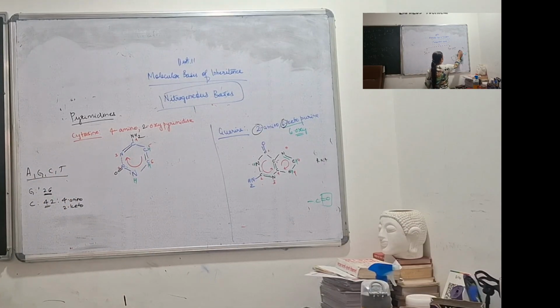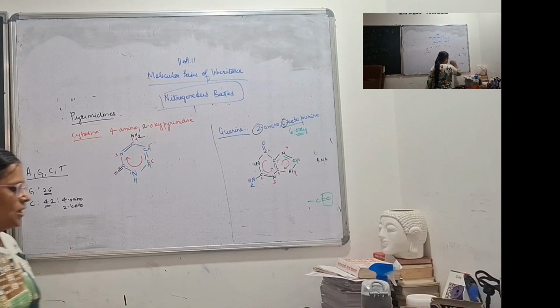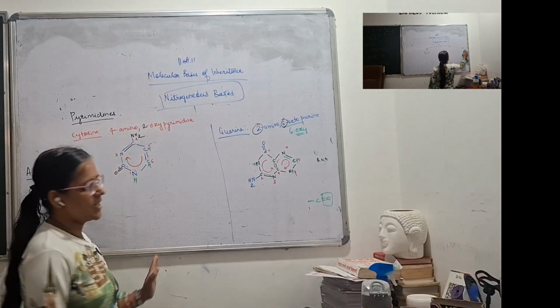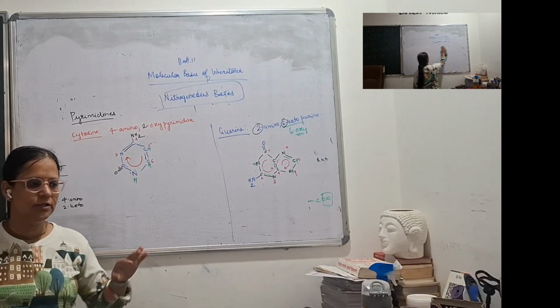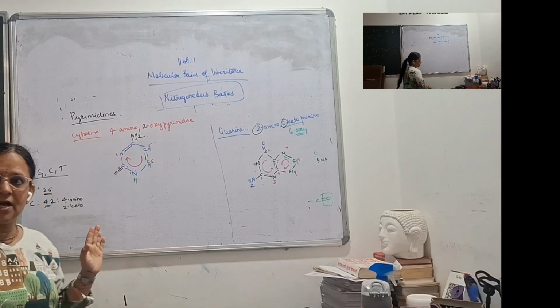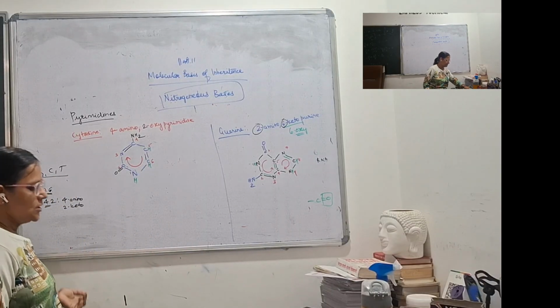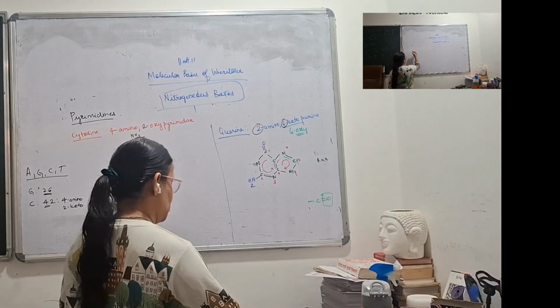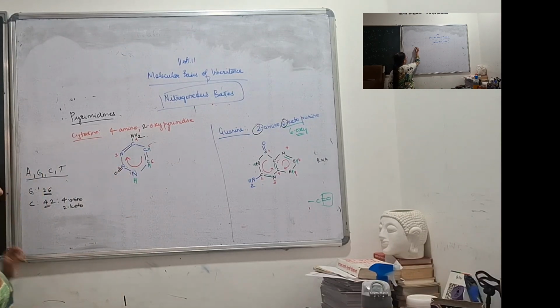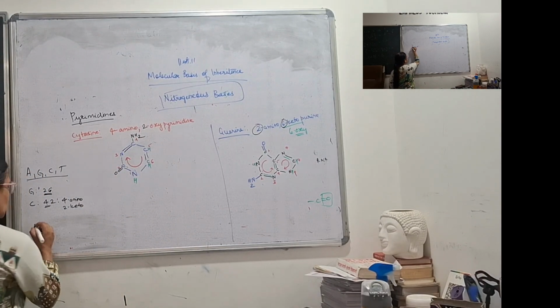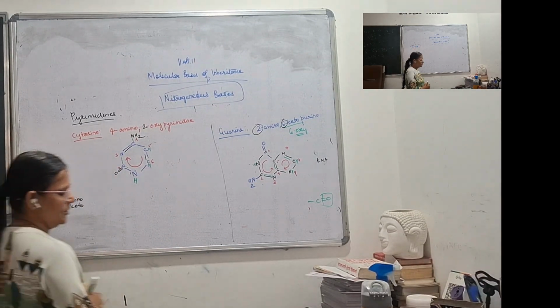So this is the structure of cytosine. Now adenine, guanine, cytosine, as I said, they are common in DNA as well as RNA. Now let us come to the base which is different in DNA and RNA. First we will take the base thymine which is present in DNA.